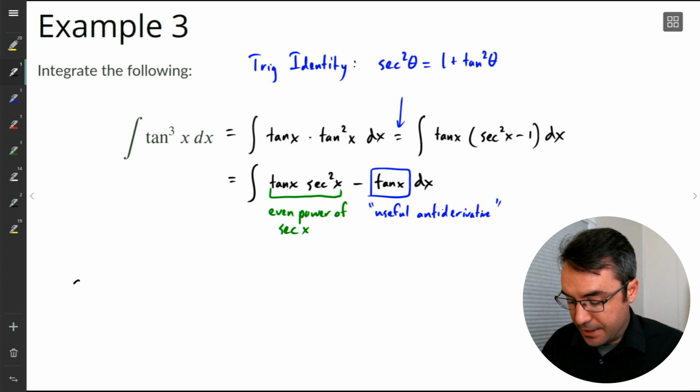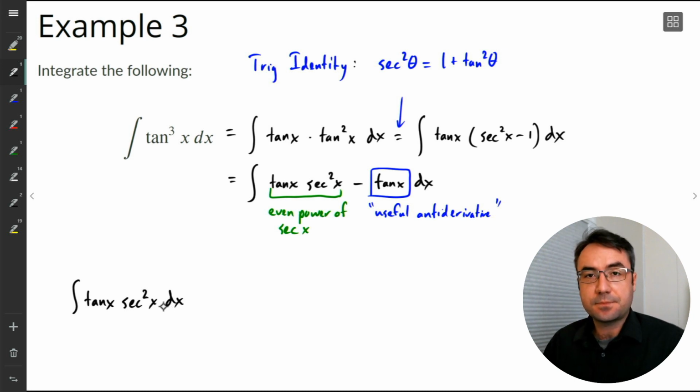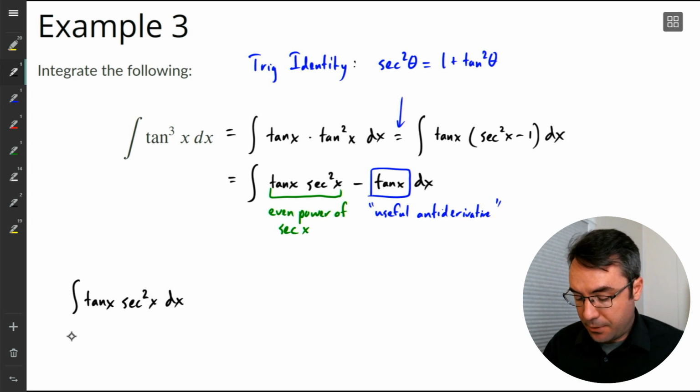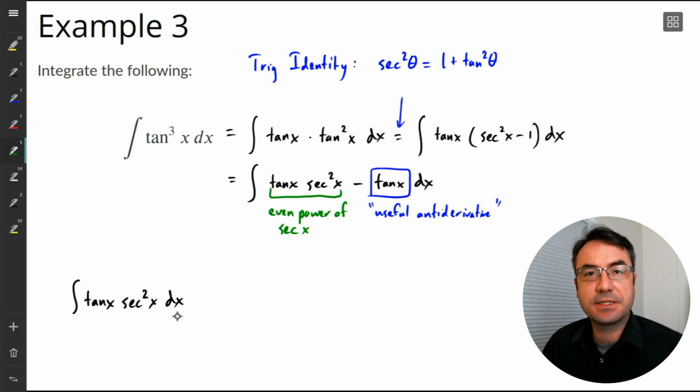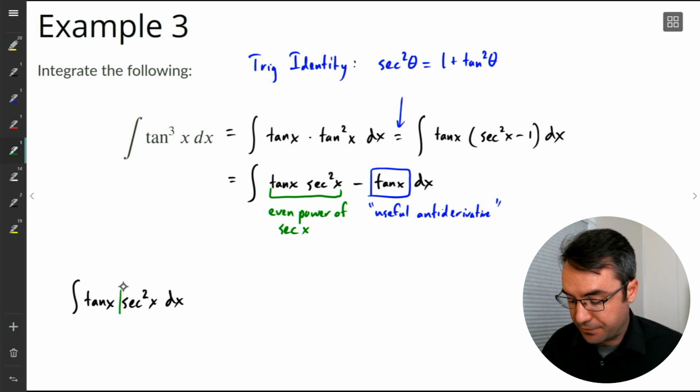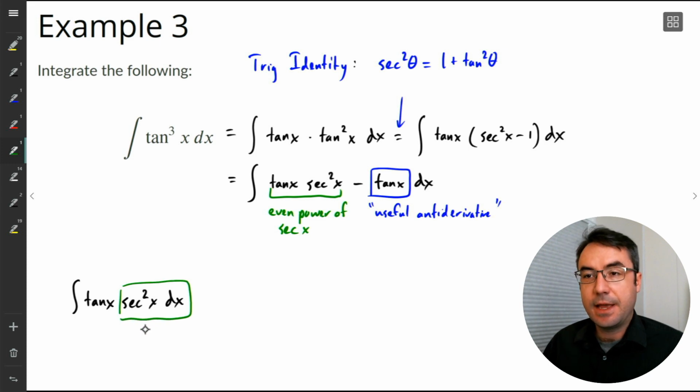So let's look at the integral of tangent x times secant squared x dx. And we have this even power of secant squared, so we know that we can reserve that, put it next to the dx and keep that reserved. And then we can just do a u substitution.